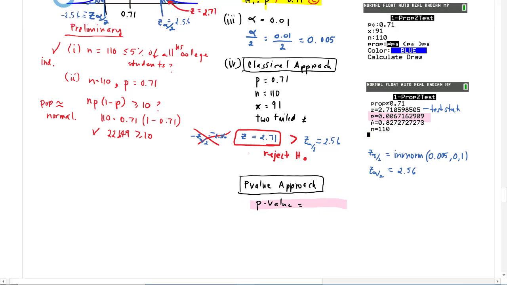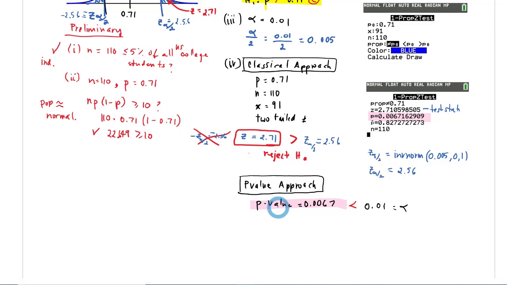So once again, if I compare alpha to the p-value, I can see that 0.0067 is less than alpha, and this means that if I took a random sample, it's most likely less than the chance of making a type 1 error, and so there's going to be some sort of change. And so here I would reject the null. And that would be it for the p-value.